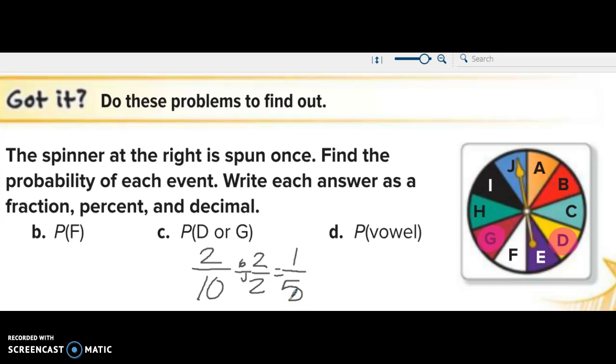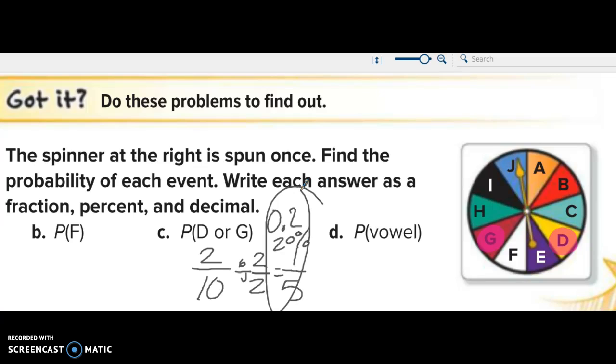So my reduced fraction should have been 1/5. I can then type in 1 divided by 5 and get a decimal of 0.2. And then I can change that decimal into a percentage, and I should get 20%. So that should have been your 3 answers for Got It C.